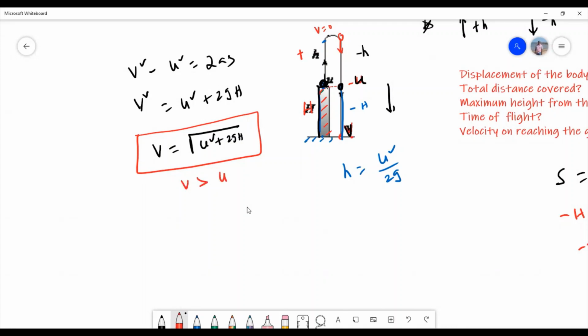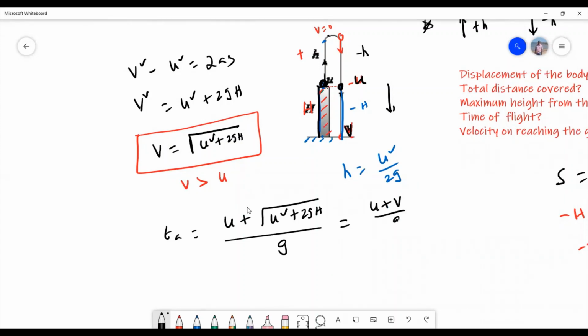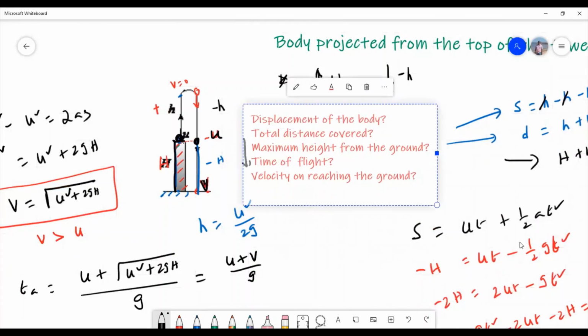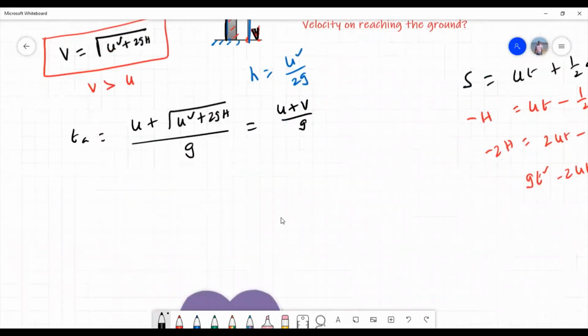So when I explained the time of flight, I took only the plus sign, because inside we got root of u square plus 2gh, which is v. Since v is greater than u, it cannot be negative. Otherwise we can write the same as u plus v by g. So these are some important points you should remember regarding a vertically projected body.